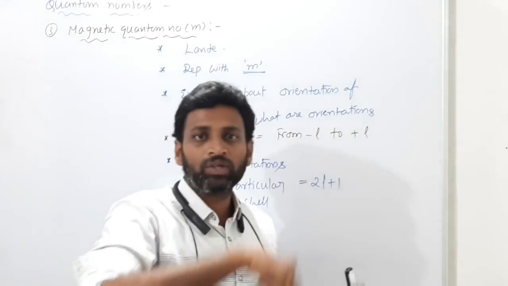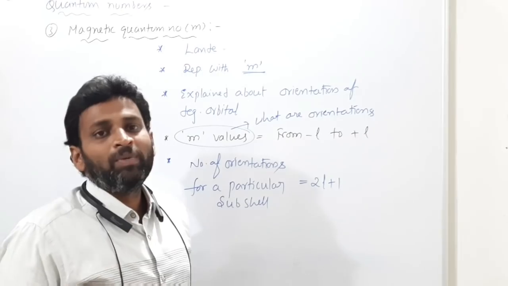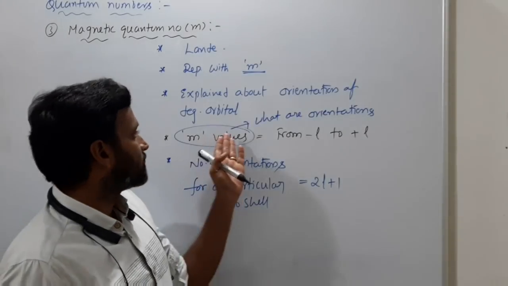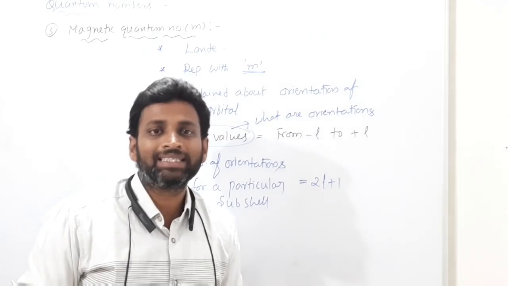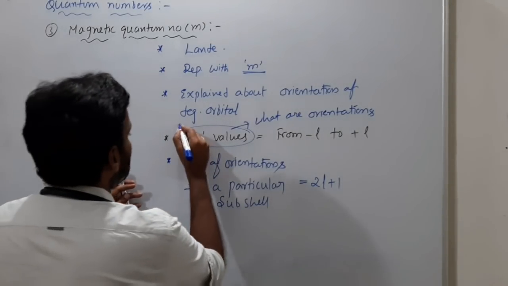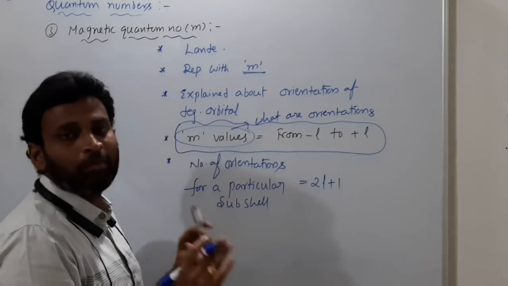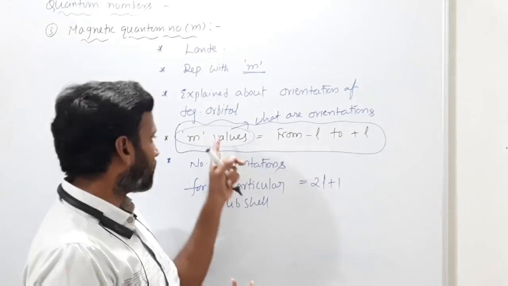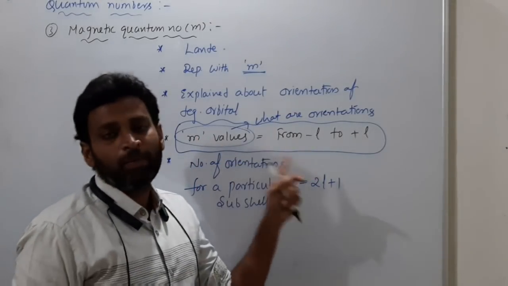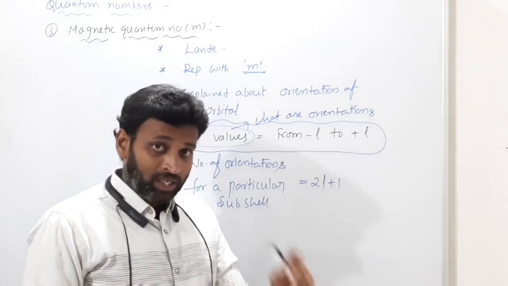Electron is revolving around the nucleus in circular orbits, so we give electron probability using subshells as well as degenerating orbitals. Remember most importantly, the total m values for any particular subshell are from minus L to plus L.